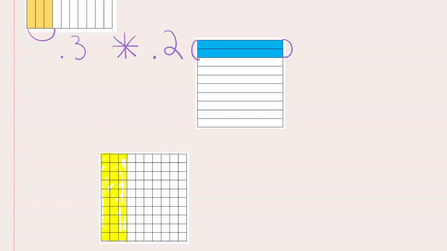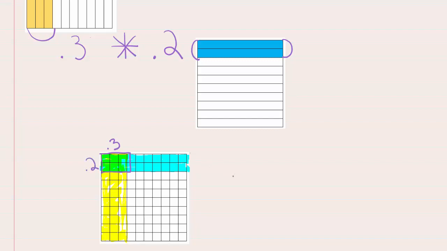And then I'm going to also draw my 2 squares tall rectangle, 2 rows tall rectangle.